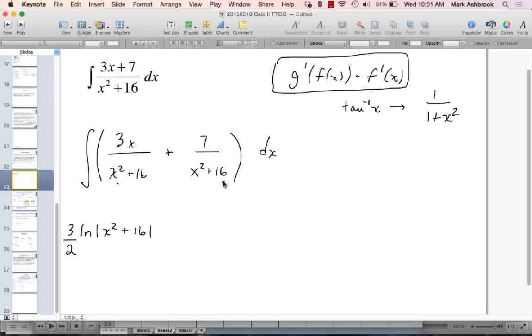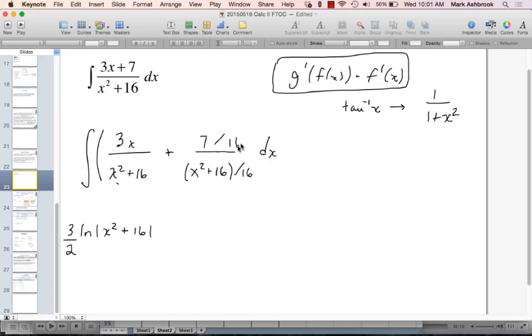So what can we do? We need to make that a 1. How can we make that 16 a 1? If we took this thing and divided it by 16, that would make that a 1. That'd be good. But we can't just go around dividing denominators by 16. We'd also have to divide the numerator by 16.